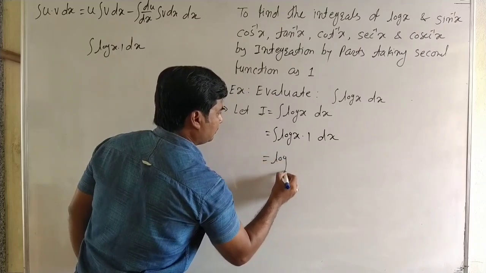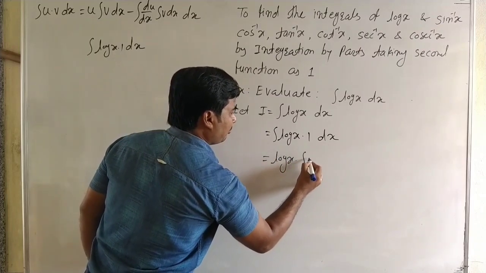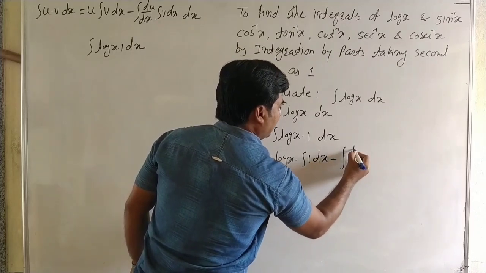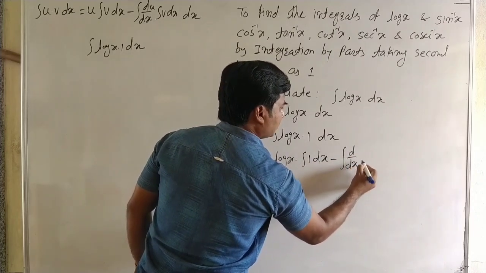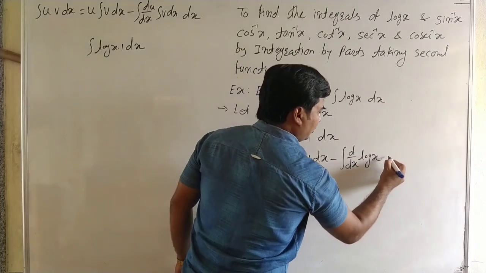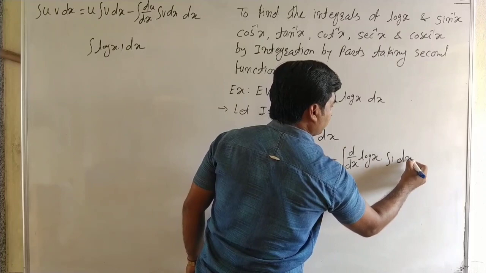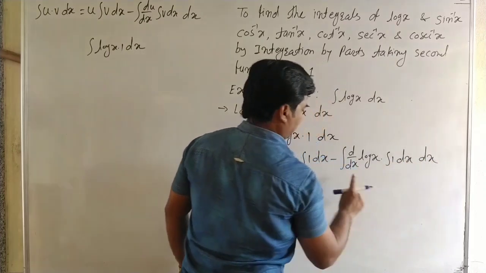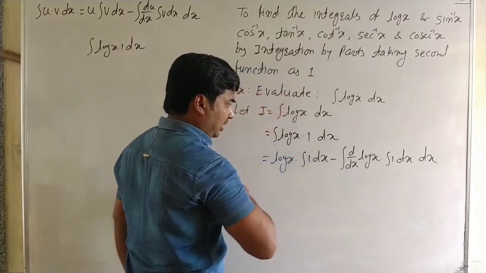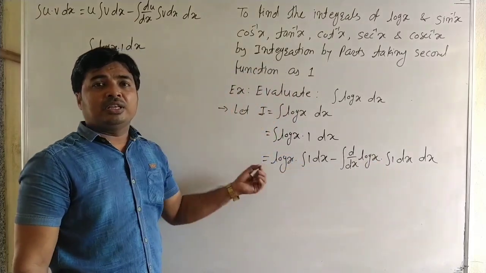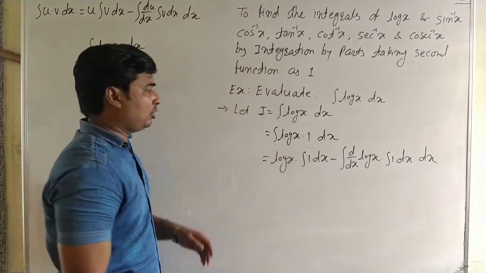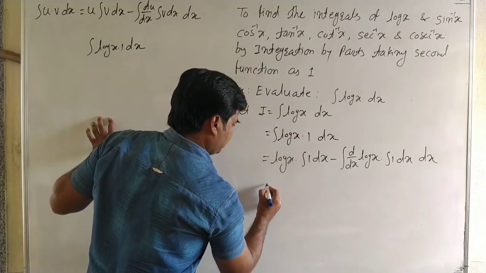It is u into integral of v, minus integral of derivative of u into integral of v. This is the formula for integration by parts. Now we calculate.